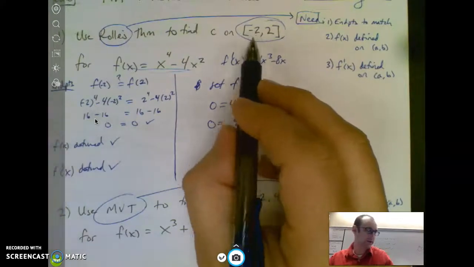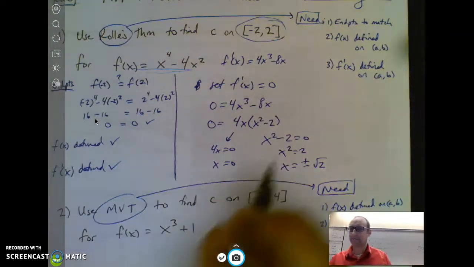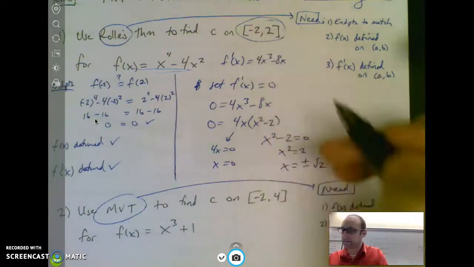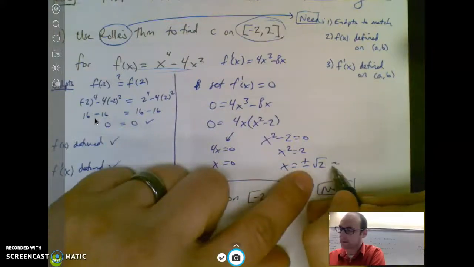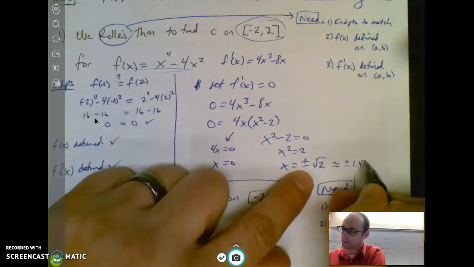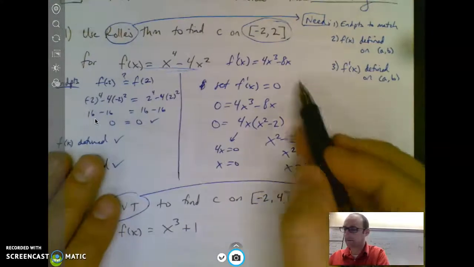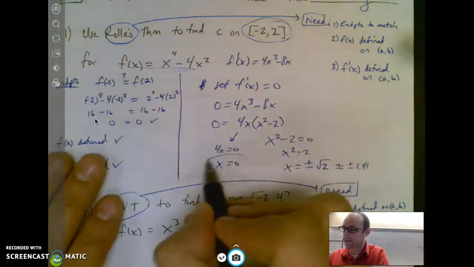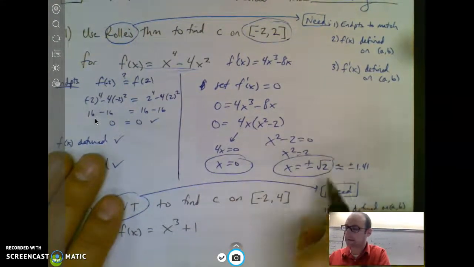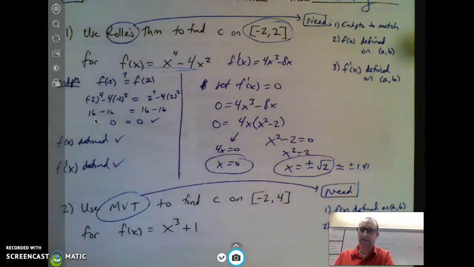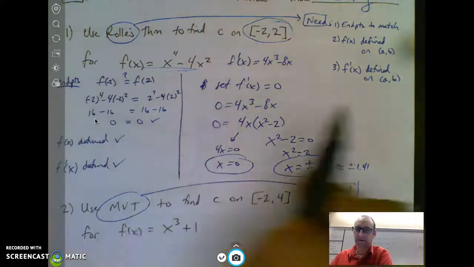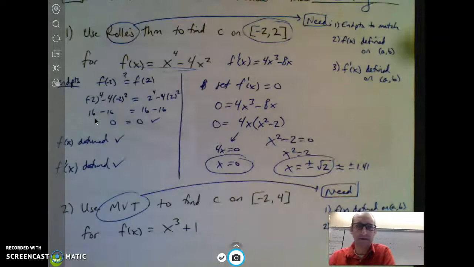They have to fall on this interval. If you remember, that's about 1.41 plus or minus. Do all of them fall between there and there? Yep, so we got these as your maxes and mins. So this is a graph that kind of squiggles along.